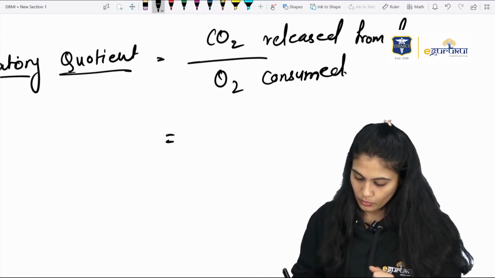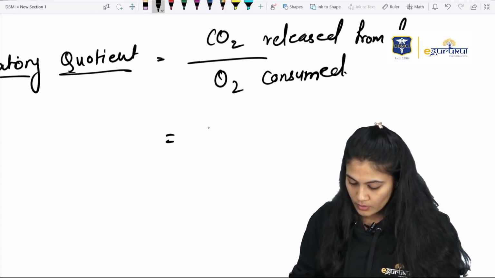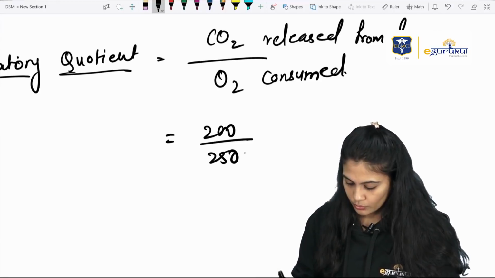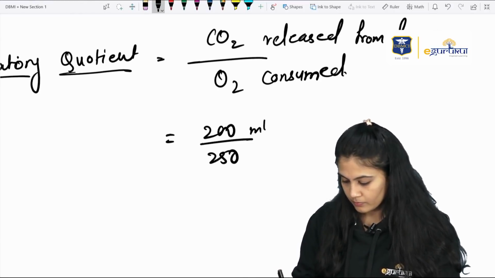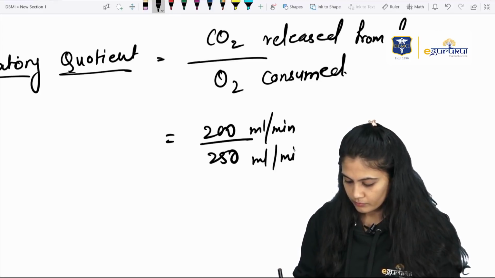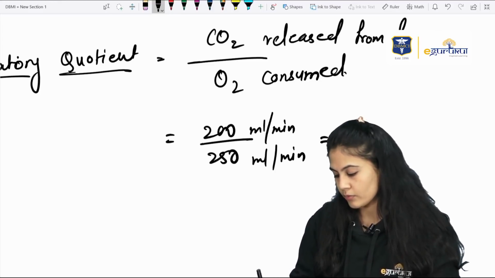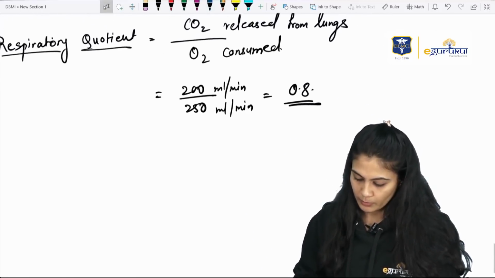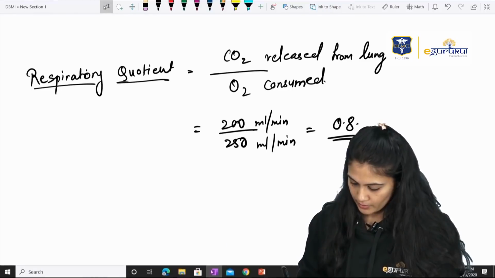The values given are CO2 200 and O2 250 ml per minute. That comes out to be around 0.8.